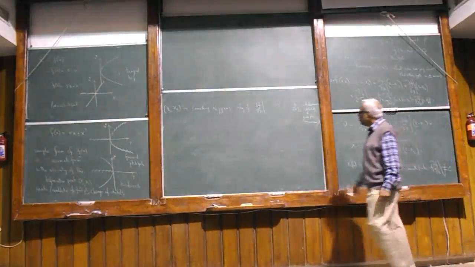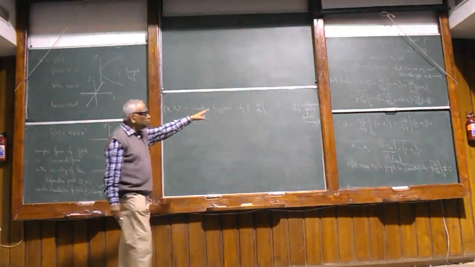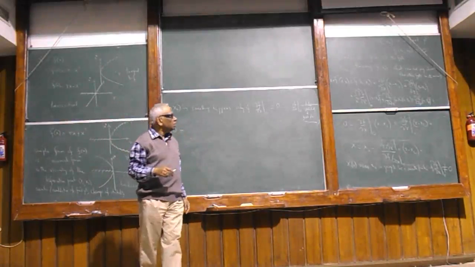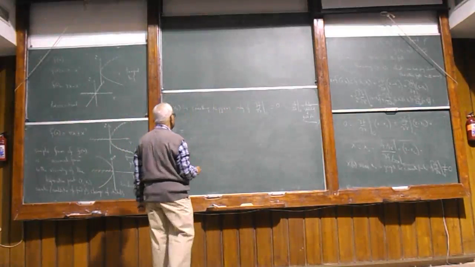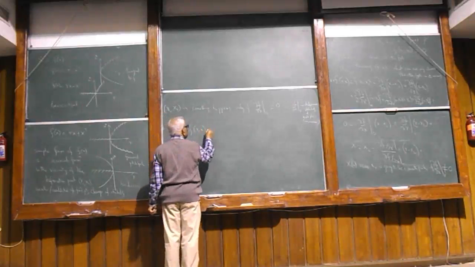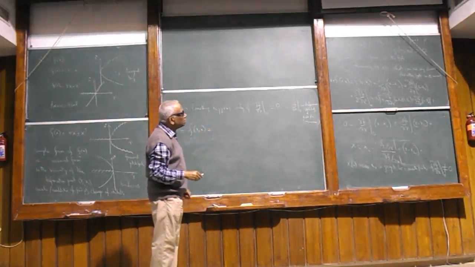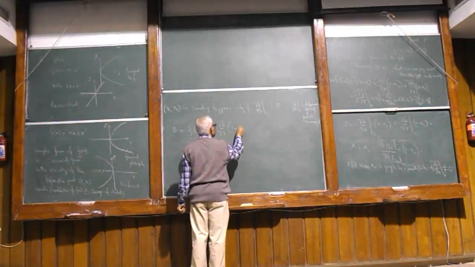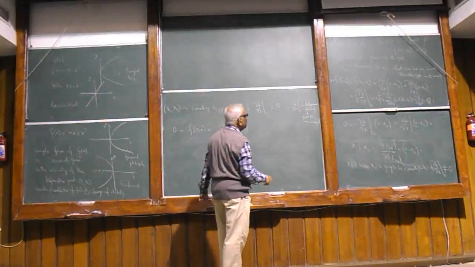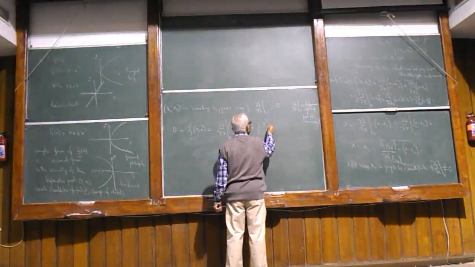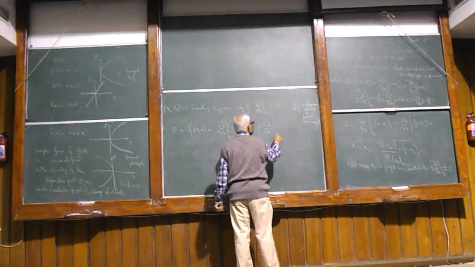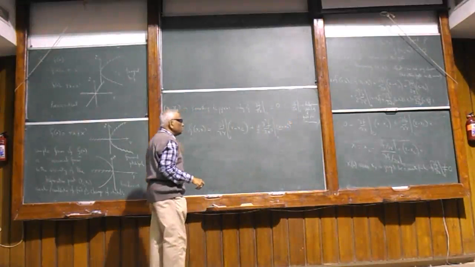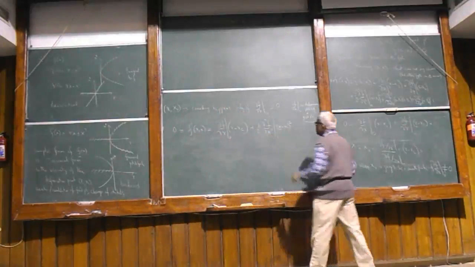If that is so, then what I'm going to have is that this f(r, x) would now be looking like ∂f/∂r at 0 times (r minus r_c), plus half ∂²f/∂x² at 0 times (x minus x_0) squared.